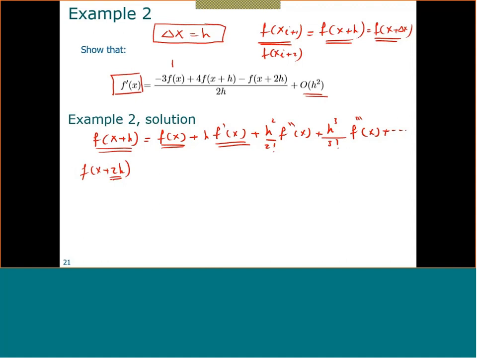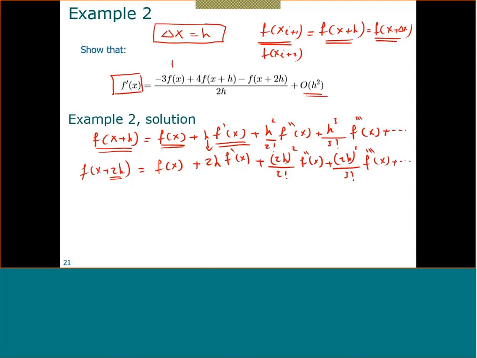So basically what we will do, we have this formula. I will just substitute h with 2h. That's it, nothing else. So this becomes f of x plus 2h, so I'm just replacing h with 2h, f prime of x, plus the same thing here. This becomes 2h squared divided by 2 factorial f double prime of x, plus 2h to the power of 3 divided by 3 factorial f triple prime, and so on and so forth.